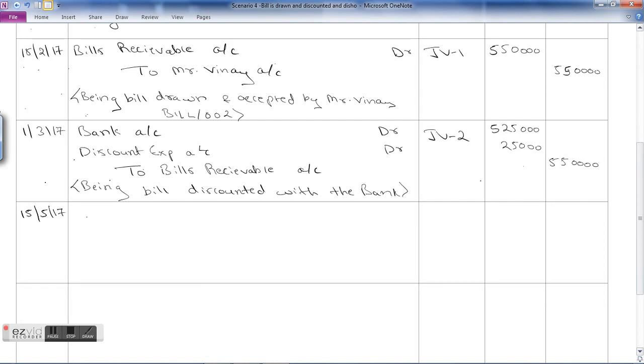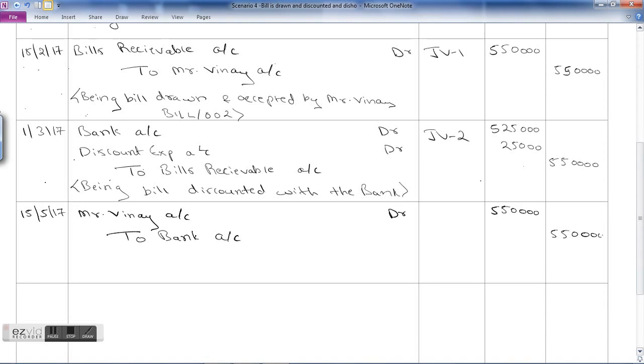Now we have to pay the bank an amount of 5,50,000. Then the bank has given us the bills receivable back, but that bills receivable is no more valid, correct? So we have paid the money to the bank on behalf of whom? Mr. Vinay, right? So the entry will be Mr. Vinay account debit 5,50,000, and the amount has gone from our bank account, to bank account 5,50,000.